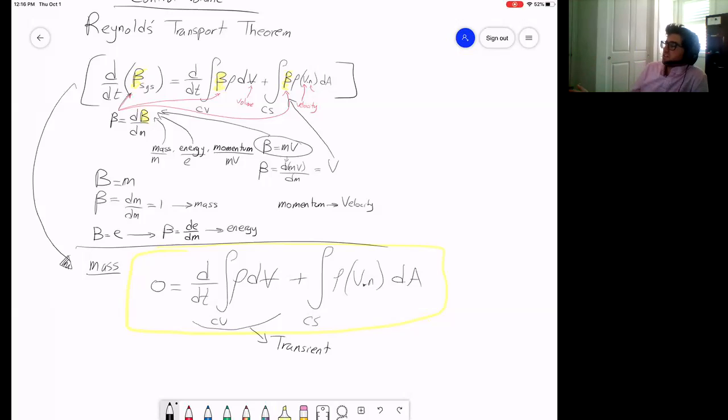Okay, let me ask this. What's the opposite of a transient system? Transient means something is changing. Steady flow. Exactly, steady state. So the opposite of transient is steady.